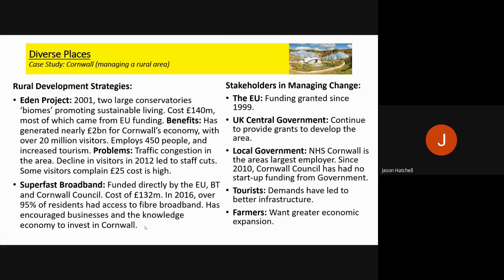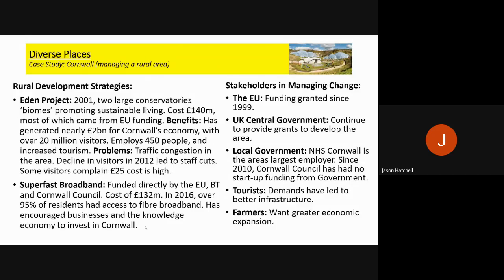UK central government continue now to provide grants to develop the area today. In terms of local government, NHS Cornwall is the area's largest employer today, and since 2010, Cornwall Council has had no startup funding from the government to be able to invest in projects, so it's relying solely on national government projects at the moment.